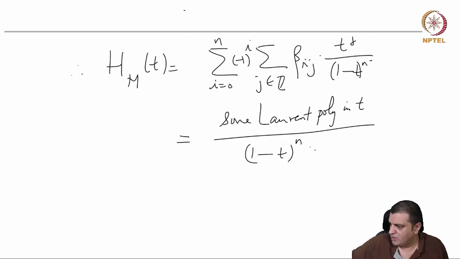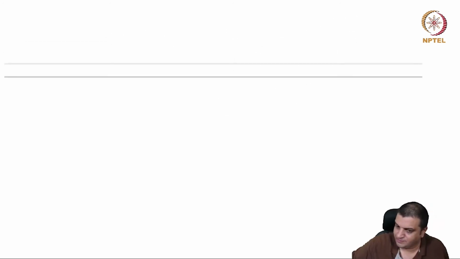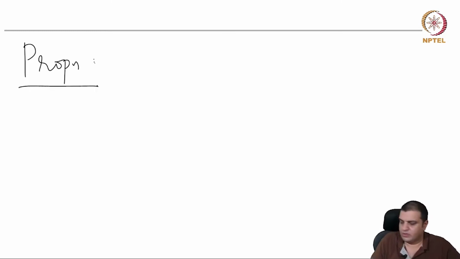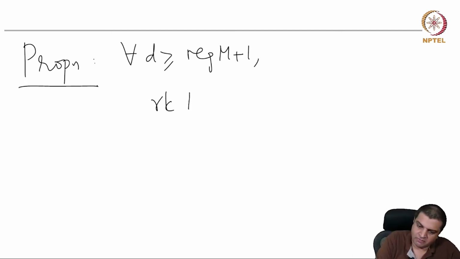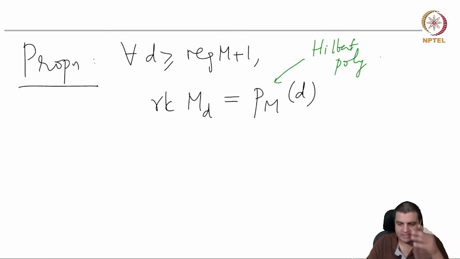So where does regularity come into the picture? Proposition: for all d greater than or equal to the regularity of M plus 1, the rank of M in degree d is given by the Hilbert polynomial. Remember, this is the Hilbert polynomial.